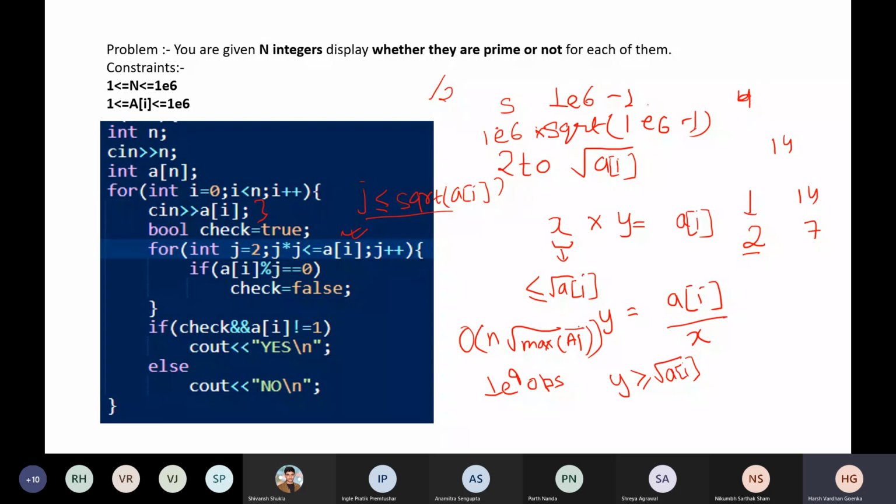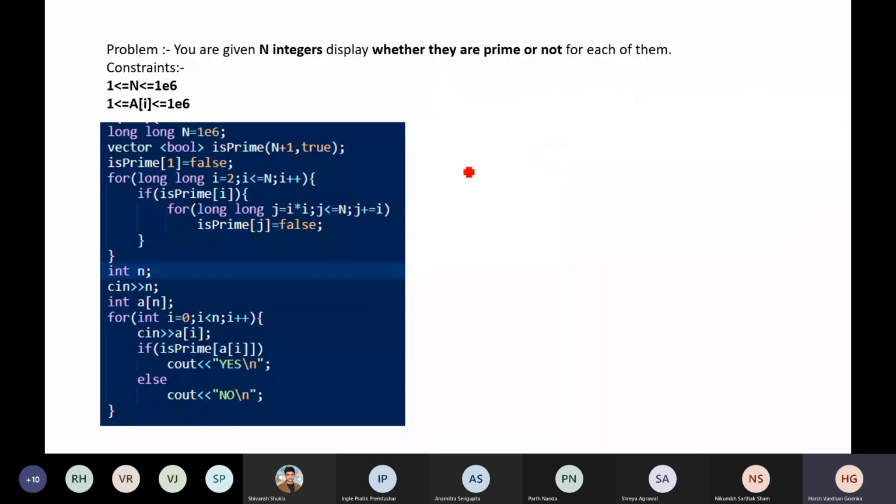If you're not getting an idea, let's see what we can do. Before going through the code, let me give you an intuition. Suppose x is a prime number, then 2x, 3x, 4x cannot be prime numbers. It is easy to see because there will be another factor.